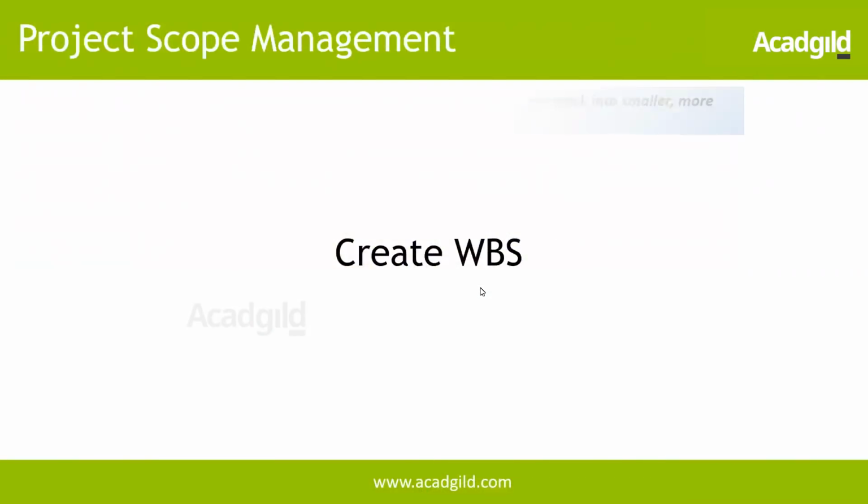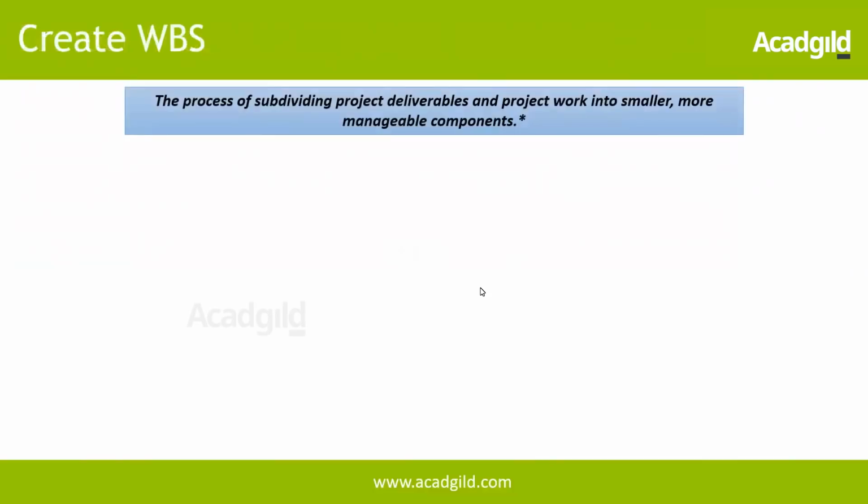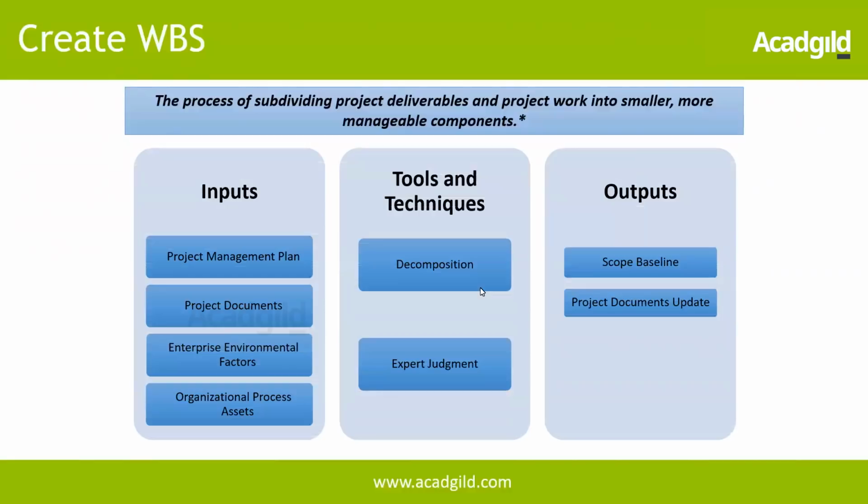Create WBS is the very first step, where you break down the scope into multiple deliverables. It is the process of subdividing the project deliverables and project work into smaller, more manageable components. Those more manageable components are what we call work packages here.